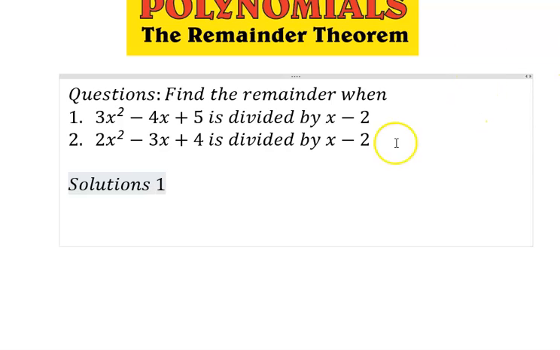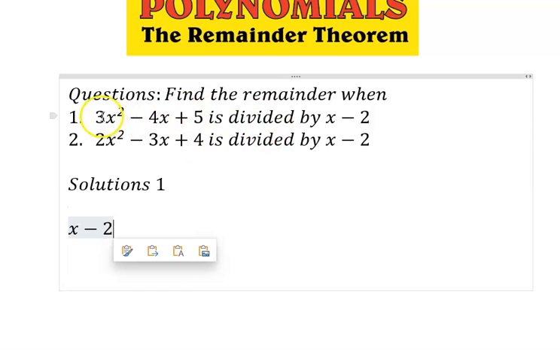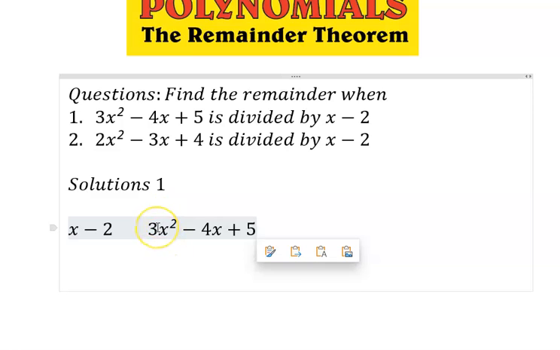Solution number one, as usual, let's bring out what we have. Beautiful. Awesome. So with this, we are going to draw our line just like you are doing a long division method.